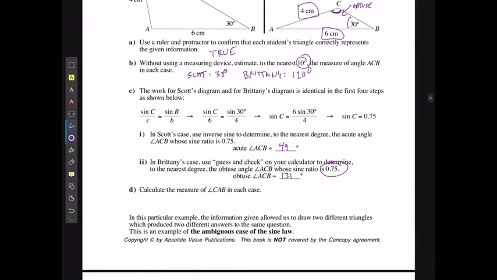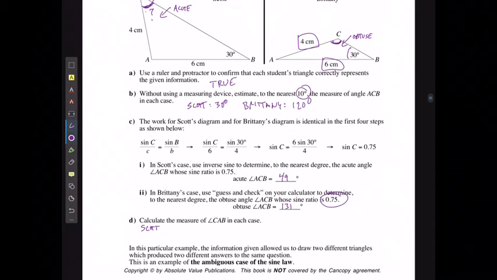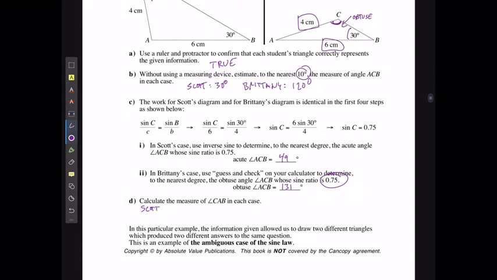If we're calculating the last angle in each case, well, for Scott, because we know what angle C is now, and we know what angle B is, we're just trying to find angle A. For Scott, the angle A, or angle CAB, is 180 minus 30 minus 49.